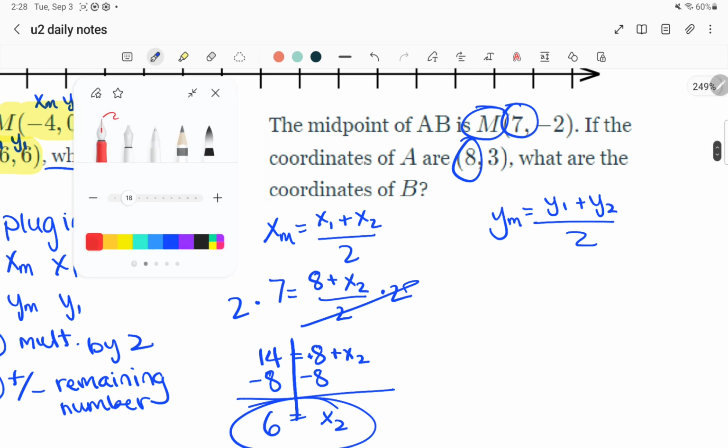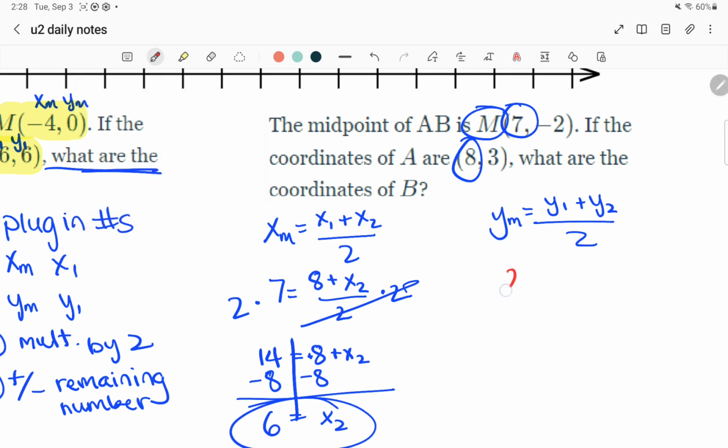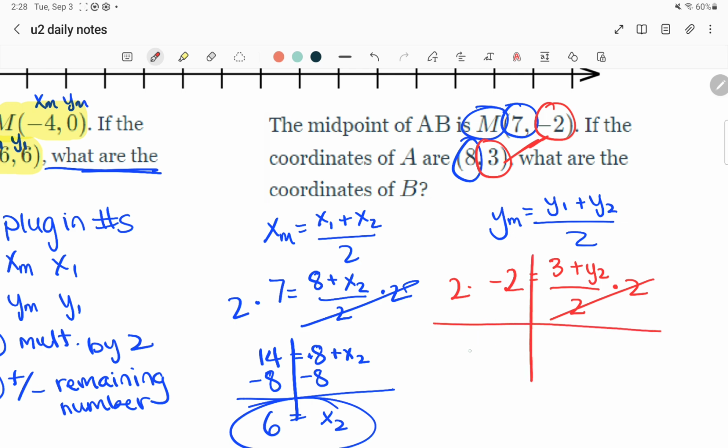Y values. I've got my midpoint y value is -2. y1 is 3. So I'm just getting that from my question. And now my steps. Multiply by 2 on both sides. That cancels out. On my right side, I'm left with 2 times -2, which is -4, equals 3 plus y2.